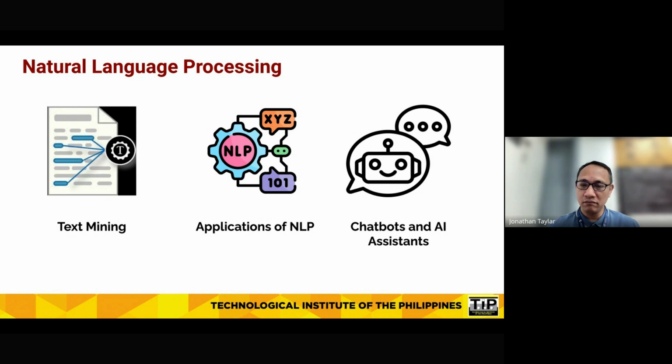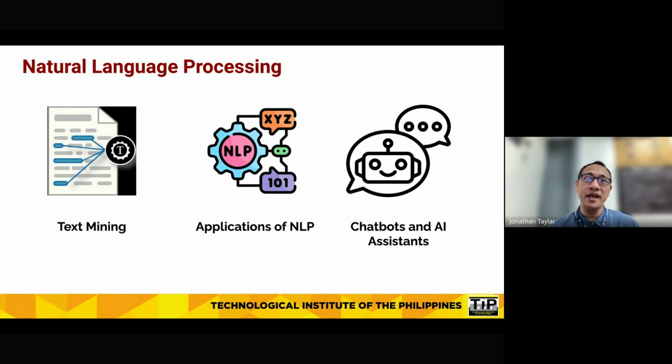It is not there to replace humans, but basically to complement humans. For example, chatbots and AI assistants. These are applications that basically interact with users in natural language. They provide information, they answer questions, they also perform tasks or simulate human conversation.